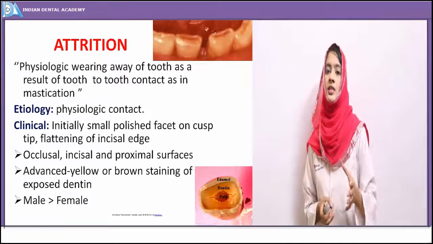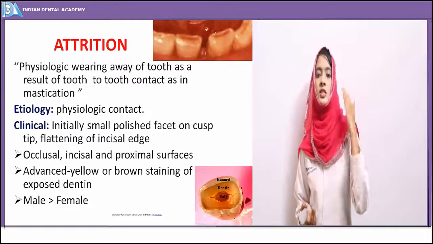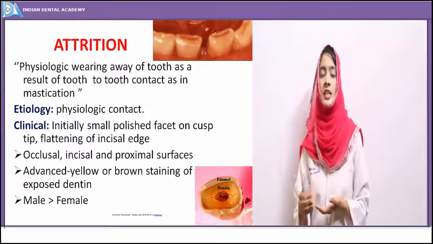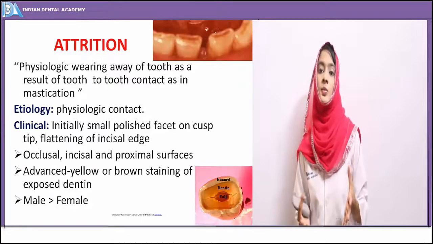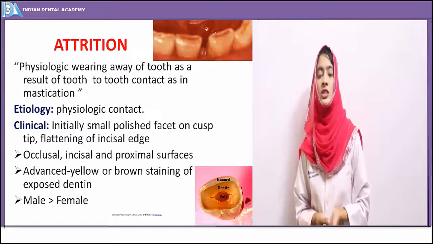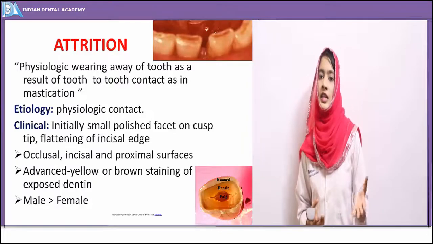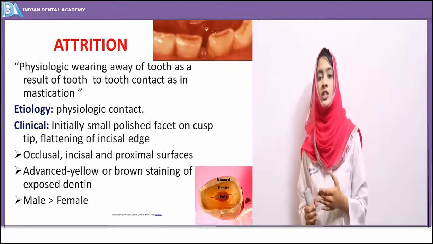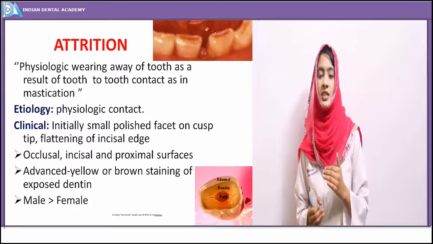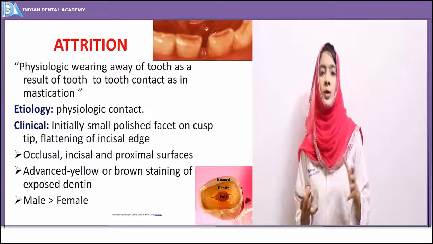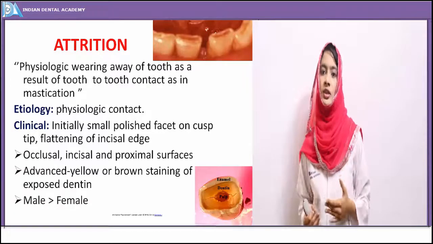All the surfaces, either the occlusal surfaces of the posterior teeth, incisal surfaces of anterior teeth, even the proximal surfaces show attrition. Attrition affects both the deciduous as well as the permanent dentition. In deciduous dentition, attrition may not be visible because the deciduous teeth remain for a shorter time in the oral cavity.